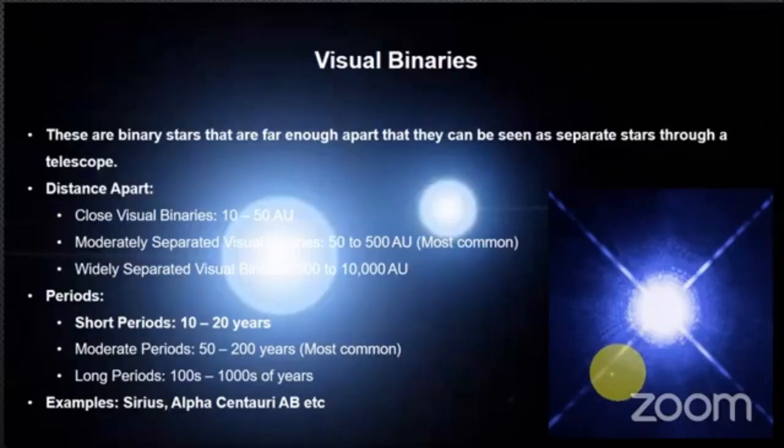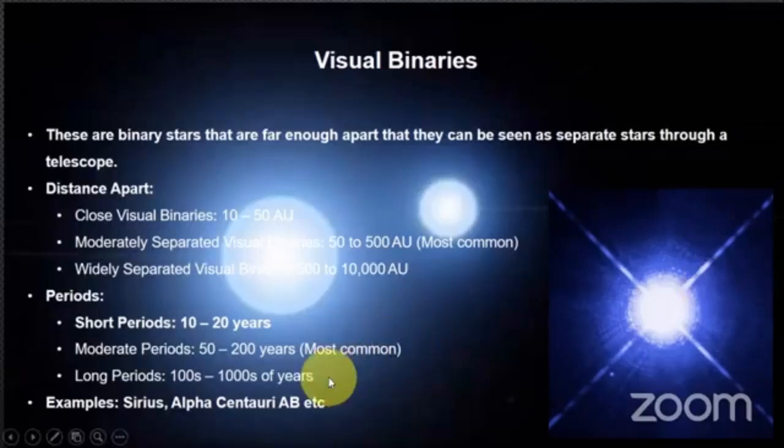But if you use UV rays, you see the brightness of this one is going to shoot out. This white dwarf is pretty bright in the UV rays. So don't mind this picture anyway. But the Sirius that we see at night, the brightest star at night, is actually a visual binary system. It's a binary system that is also a visual binary.